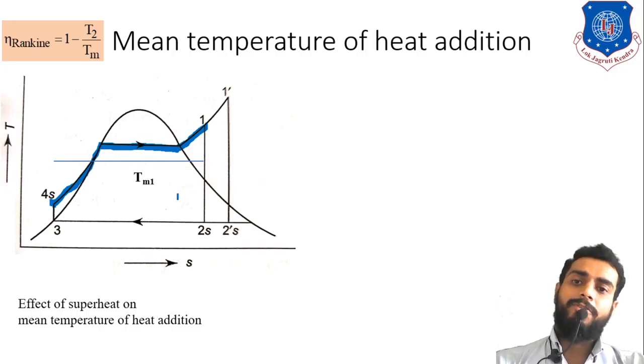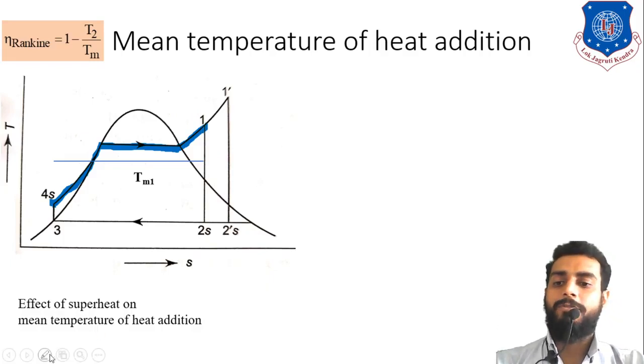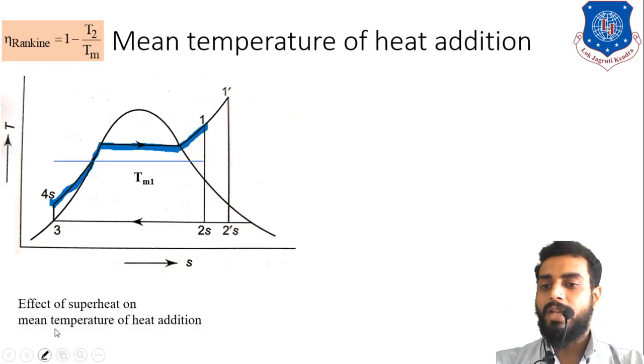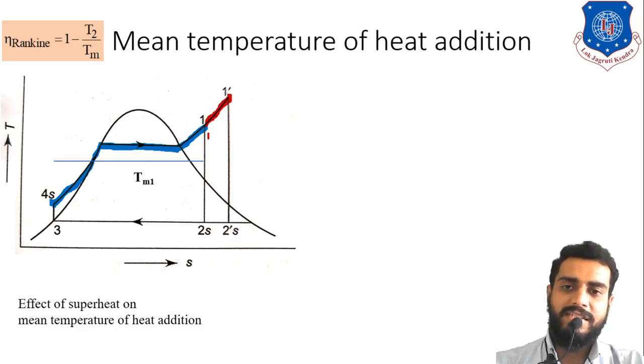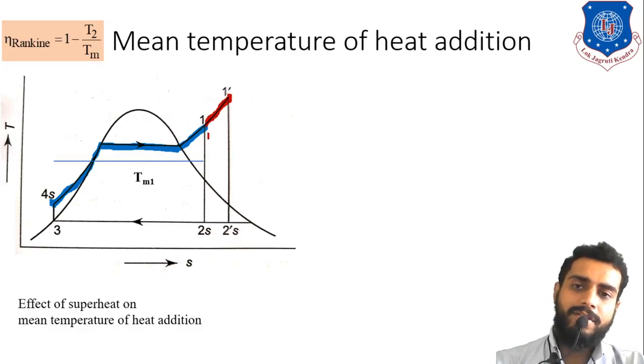Now just listen carefully: if I am increasing the temperature of heat added, that means I am superheating the material more, so the degree of superheat is increased. So let us say here the temperature was 150 degrees Celsius at 1 bar. Now instead of 150 I am increasing to 200.